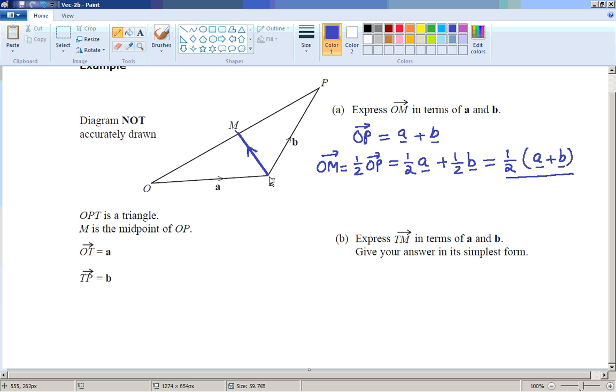We can always go from T to O. So that's like minus A. So the vector TM, so we're going to be minus A, but then O to M, which we already know, is half A half B.